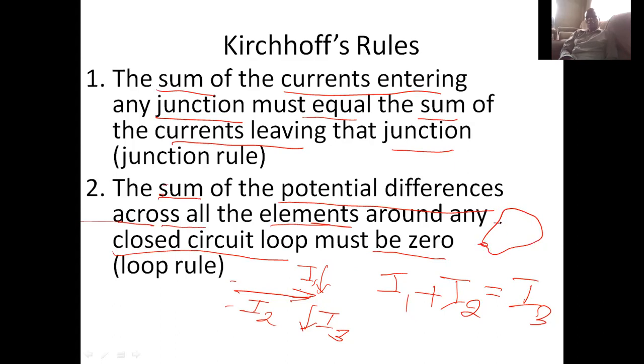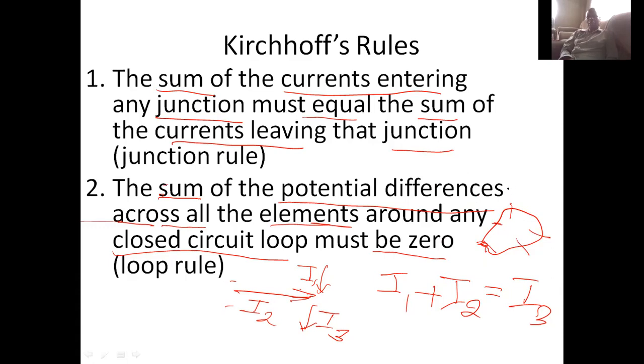If here there is a potential difference, and there is a potential difference, and another potential difference, then from where you started up to when you come back to the same point, which makes a loop, you should add all the potential differences.